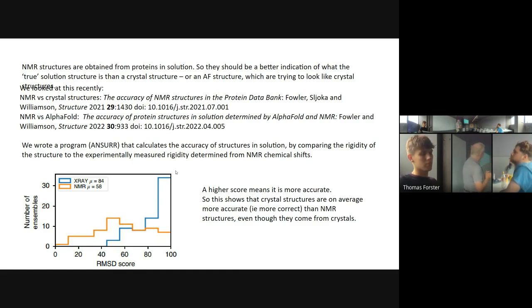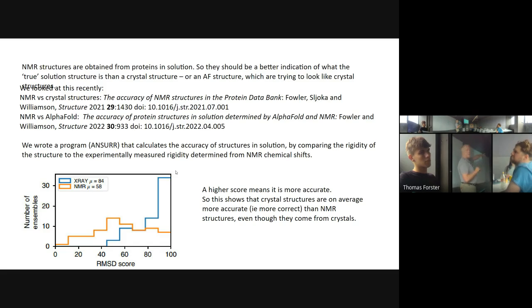And that picture at the bottom there is comparing NMR structures to crystal structures. The crystal structures are in blue, and they've got lots of things at nearly 100%. The NMR structures are in orangey brown, and they're about 50%. And what that's saying is the X-ray structures are a lot better. So the X-ray structures have a better rigidity that matches what you see in solution, despite the fact that the crystal structure was determined in crystal, and the NMR structure was determined in solution.